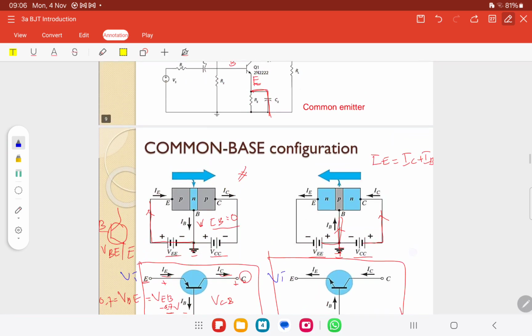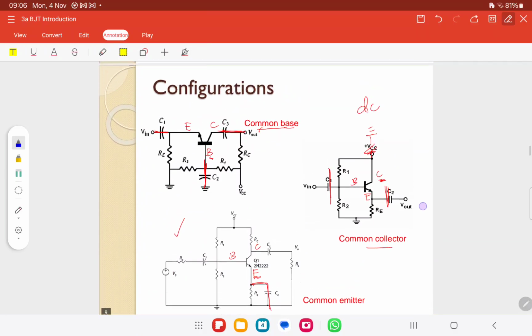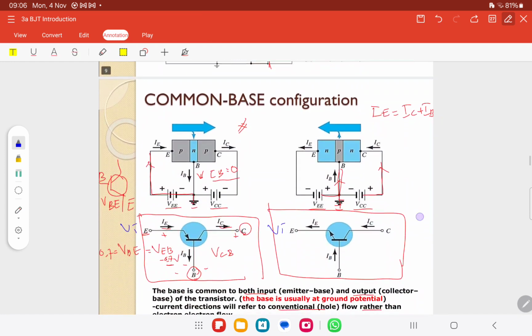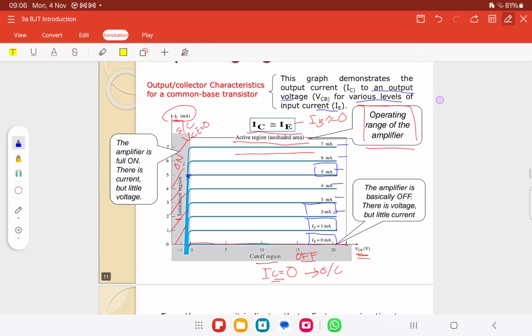Ni V in. So this is input, this is output. So input is connect with the emitter. Sebab tu emitter akan jadi the input. Same goes for here. This one depends on the input, berapa yang kita inject.